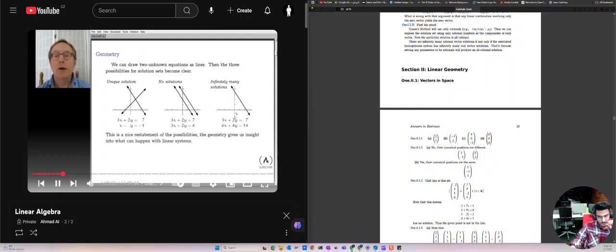No solutions. And over here you get infinitely many solutions because the second equation is really just double the first equation. It's a repeat.